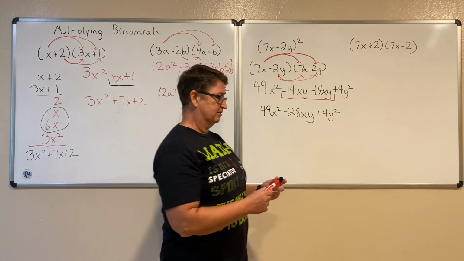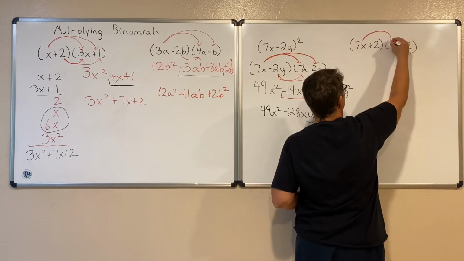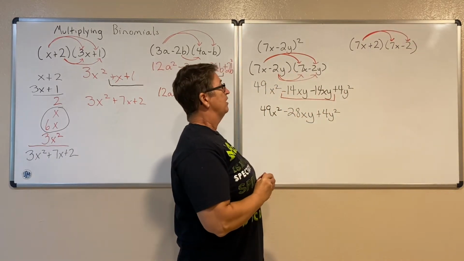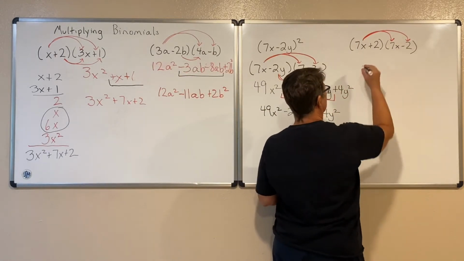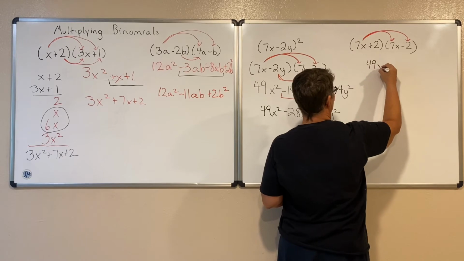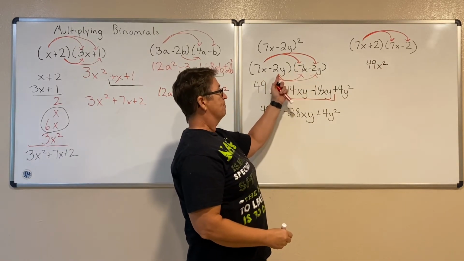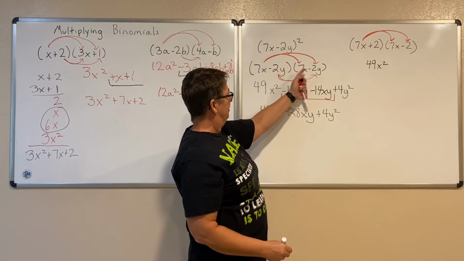One last practice, and then we'll make it a little harder. We're going to first distribute that 7x to both terms so that I have 7x times 7x, which is 49x squared. By the way, this problem is very similar to that one. But in this one, it has a minus in both of them.